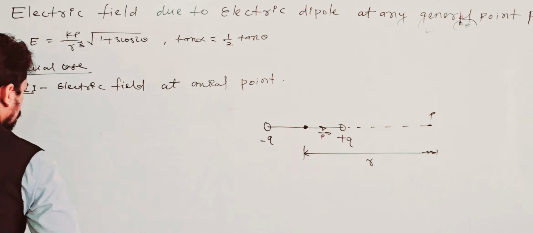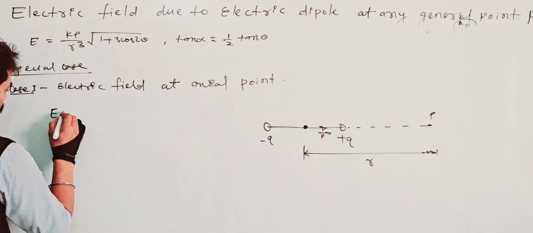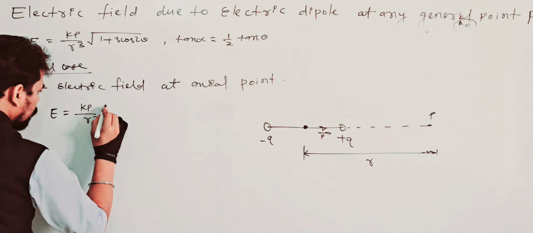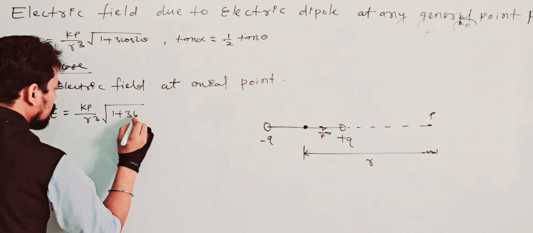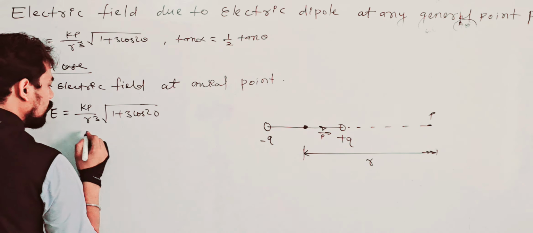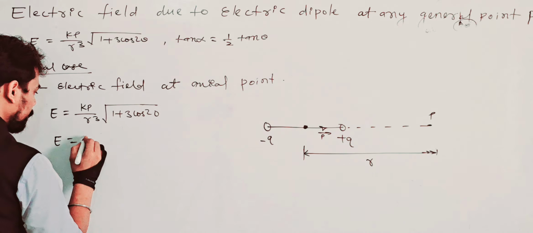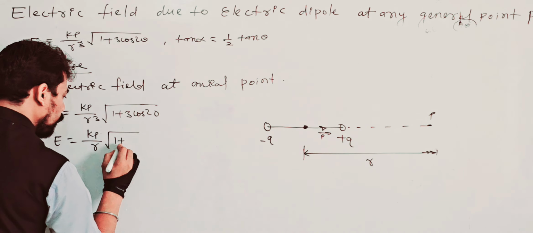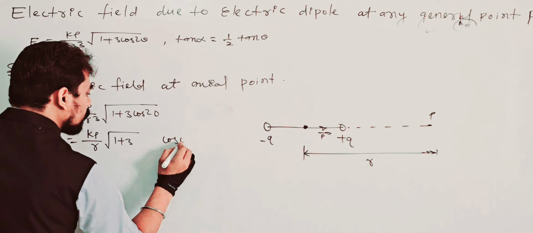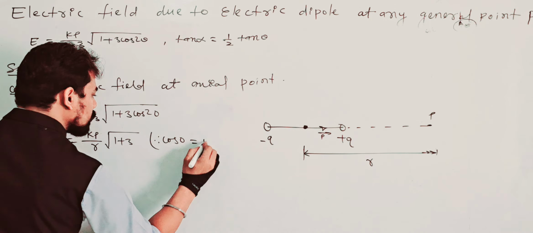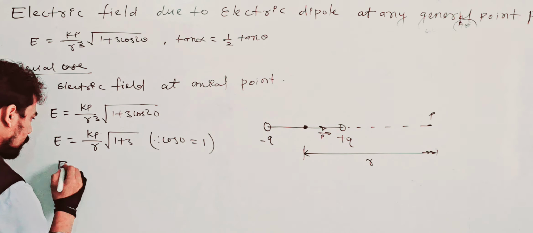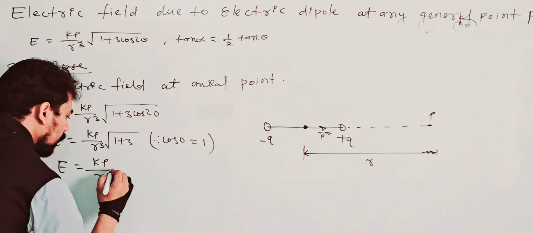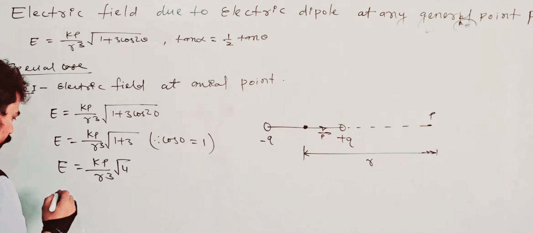Okay, so we can write E equals Kp by R cube bracket 1 plus 3 cos square 0 under root. Cos square 0 is 1, so 1 plus 3 is 4. So E equals Kp by R cube under root 4.